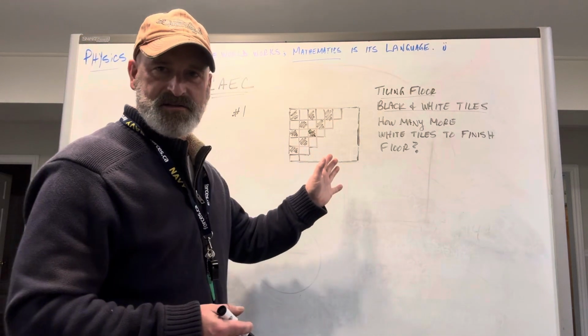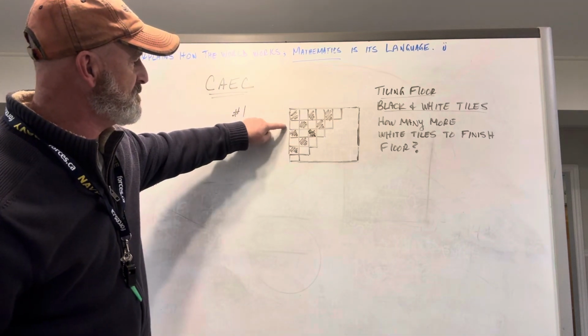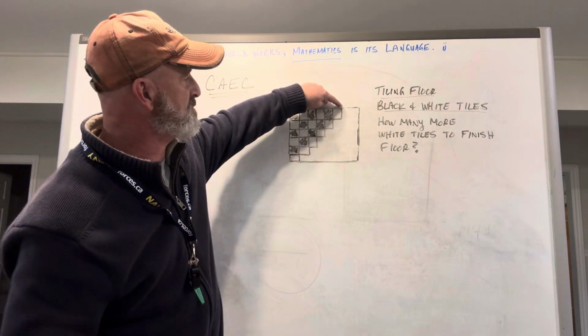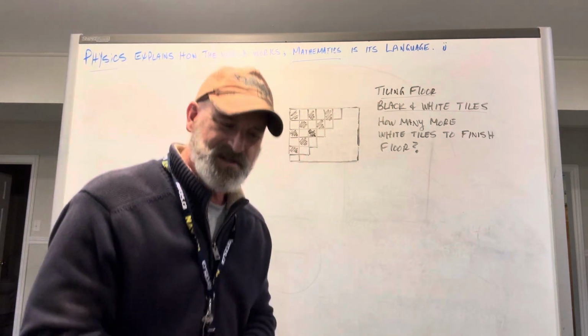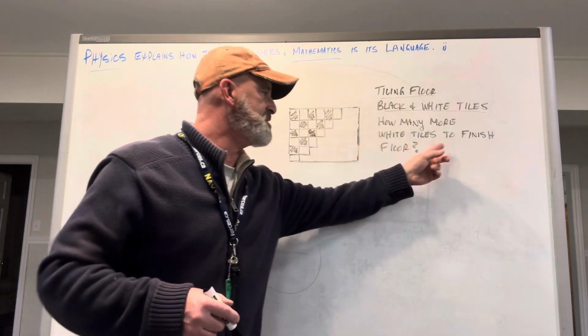It's clearly not a square, because if it were a square, it would have 1, 2, 3, 4, 5, 6 equal blocks, and it already has 6 across here. So we're looking at a rectangle, but what is the question asking? How many more white tiles to finish the floor?